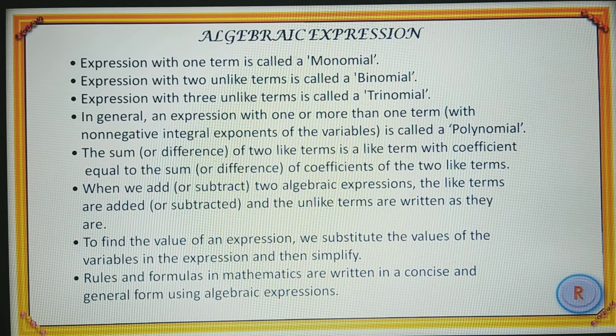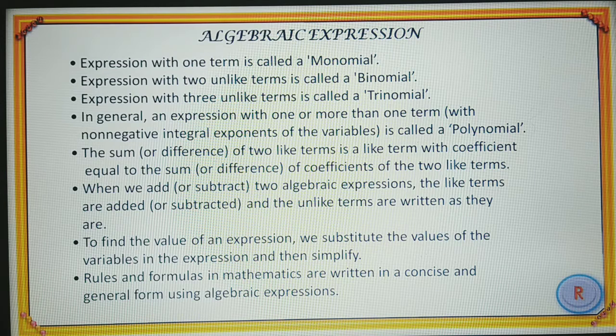Expression with two unlike terms is called a binomial. Expression with three unlike terms is called a trinomial. In general, an expression with one or more than one term, with non-negative integral exponent of the variable (it should not have a negative exponent), is called a polynomial.